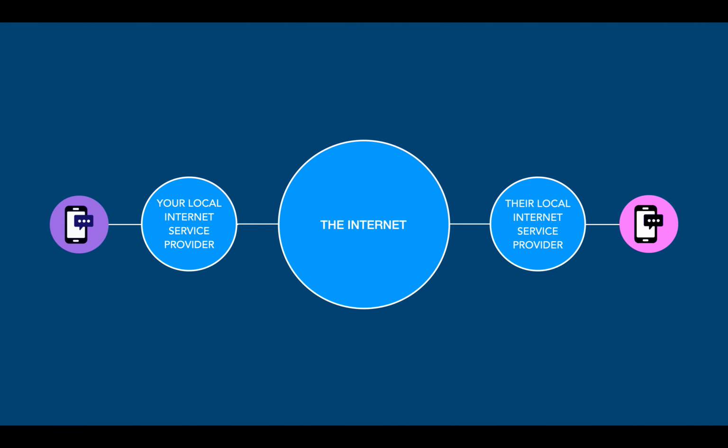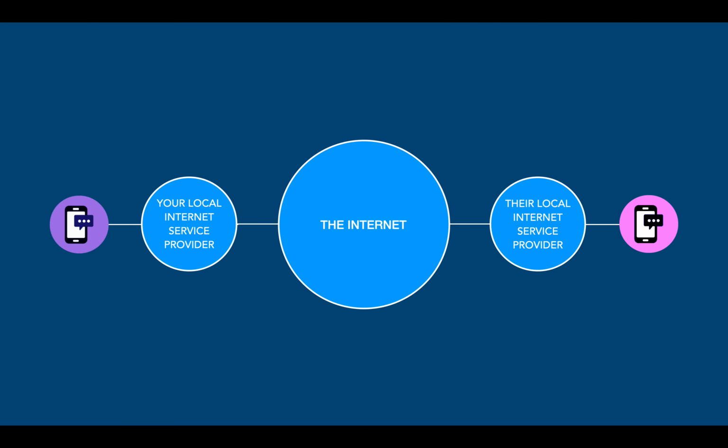The most common misconception about the internet is that it's a connection between two devices, one mobile phone to another mobile phone in this example. What's actually happening is the first mobile phone is sending a picture or an image to their local internet service provider.